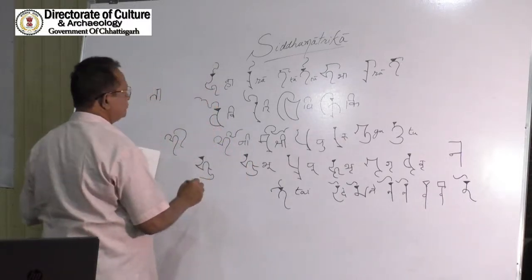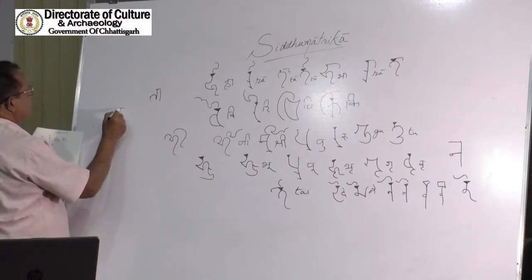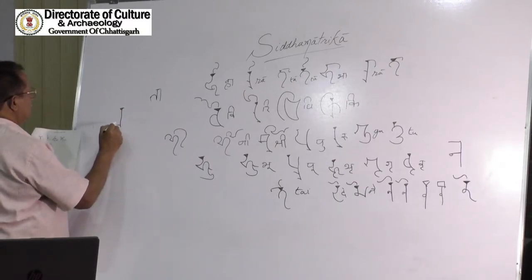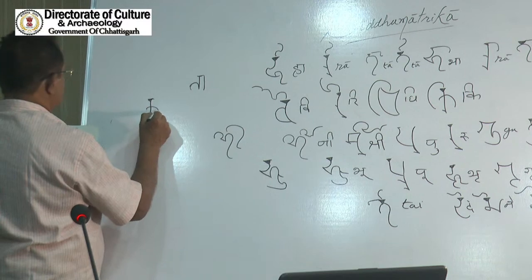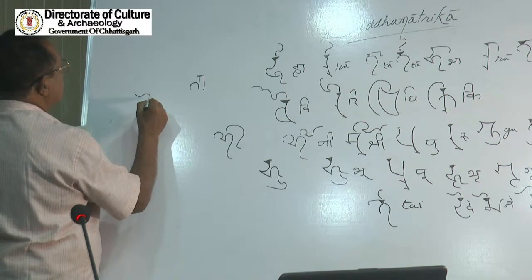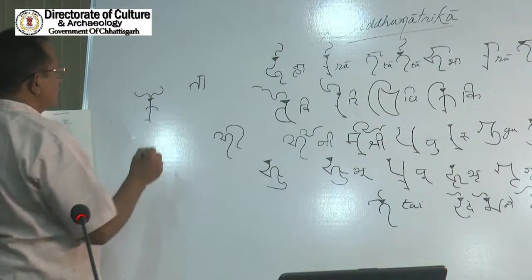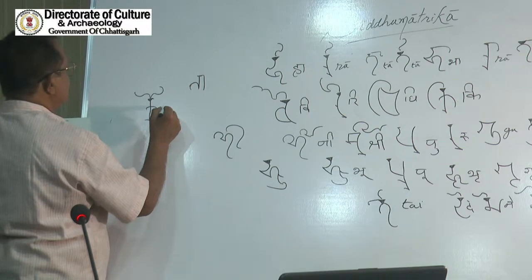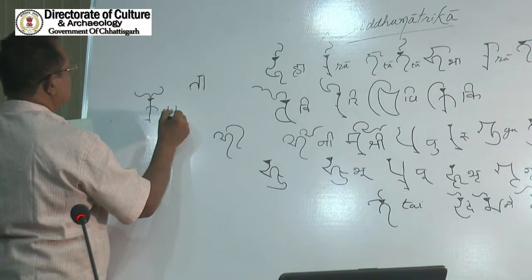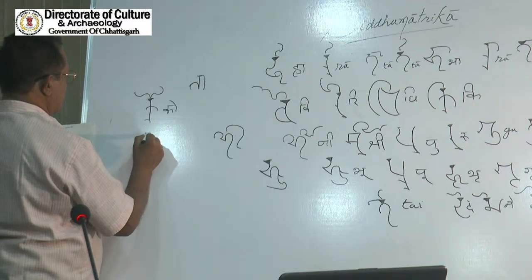No sign. This is ka, and then ko. For example, ra they want to write.